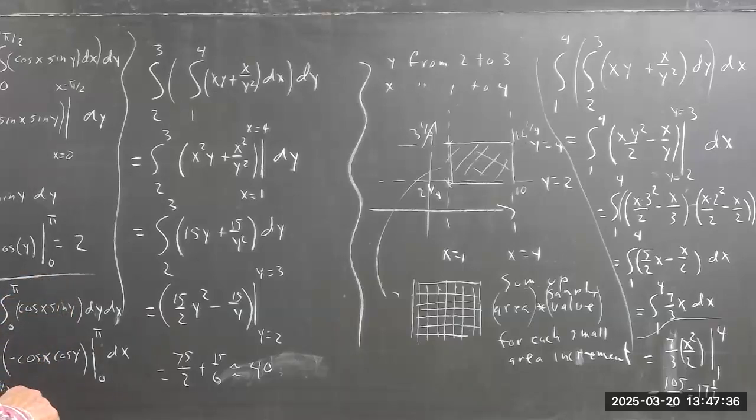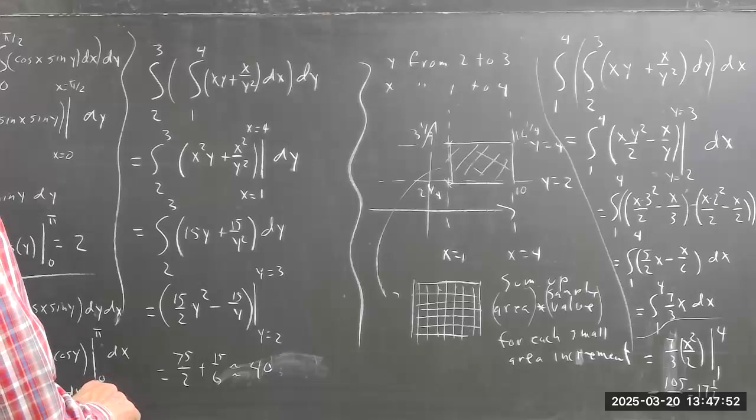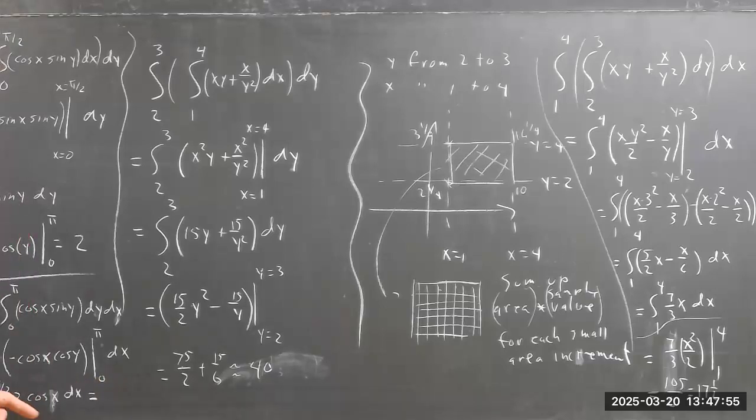And we're going to end up with 2 cosine x dx. And if you complete the integral, your antiderivative is going to be the sine, and you're going to get 2 times the sine of pi over 2 minus sine of 0, which is going to be 2 again. Okay? Make sense?